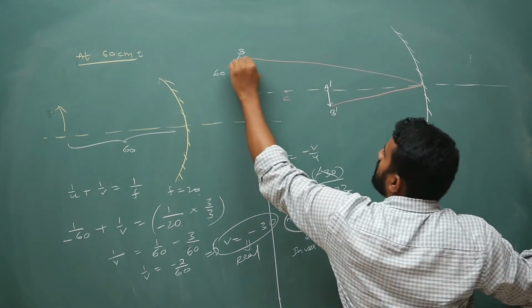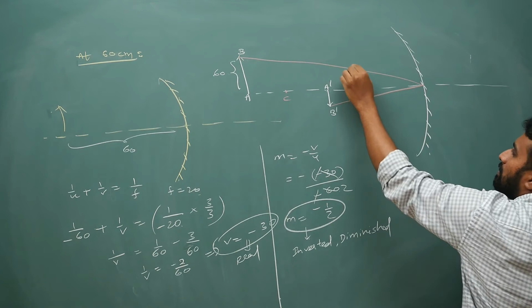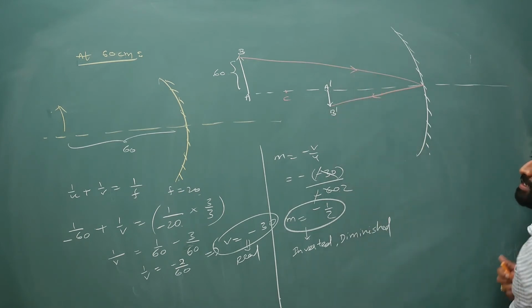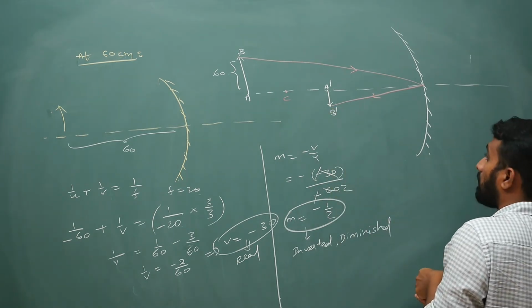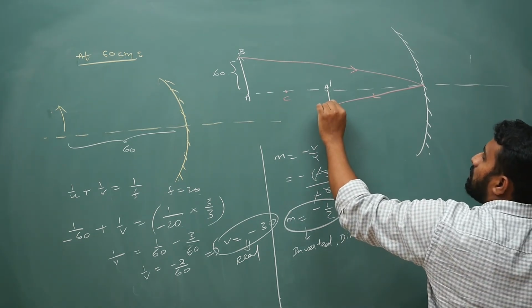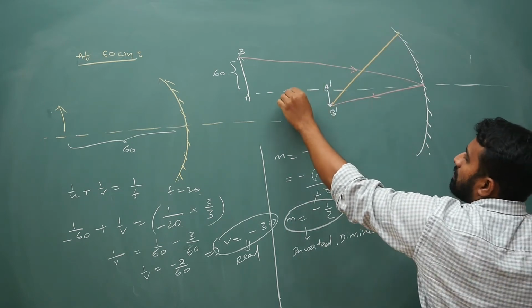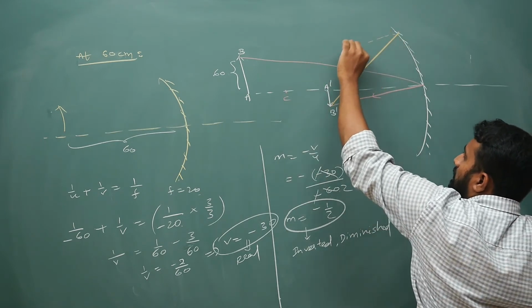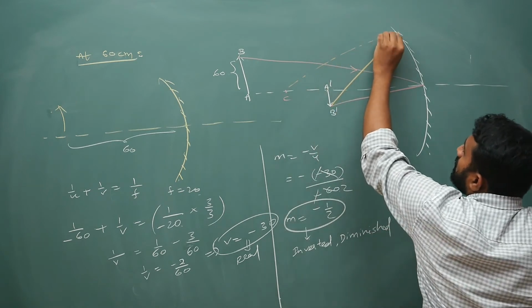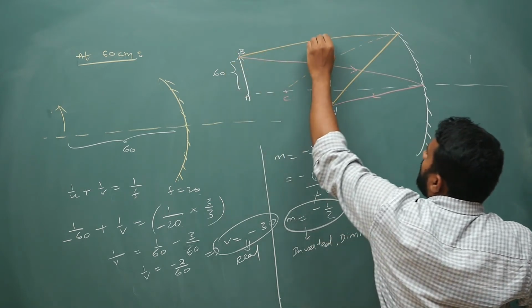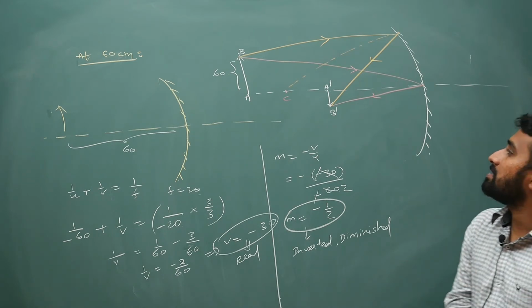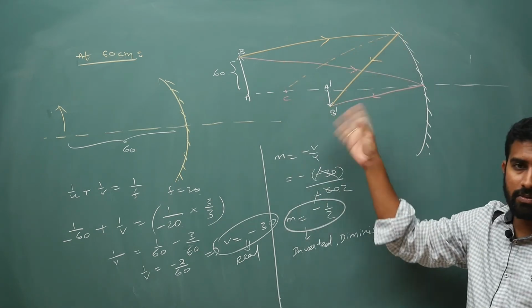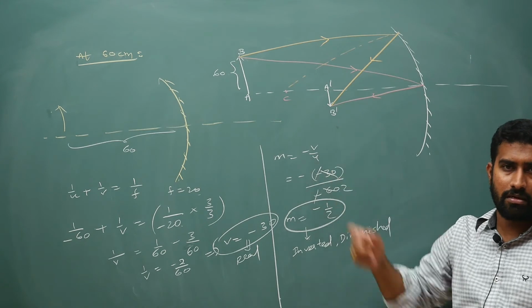A ray coming like this should meet at this point. Next, the second one is a ray going like this, with the center as this dotted line. It should meet at this point. So draw ray diagrams like this: the ray is coming, getting reflected at the normal and reaching, forming the image.